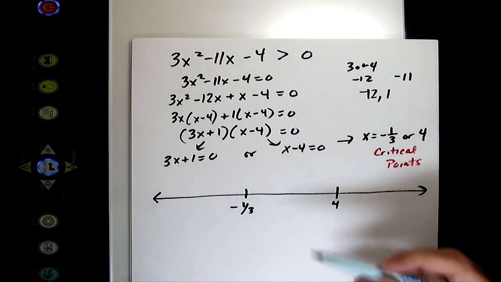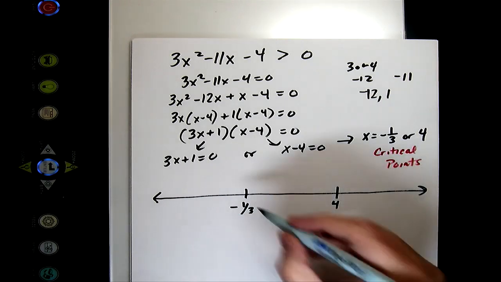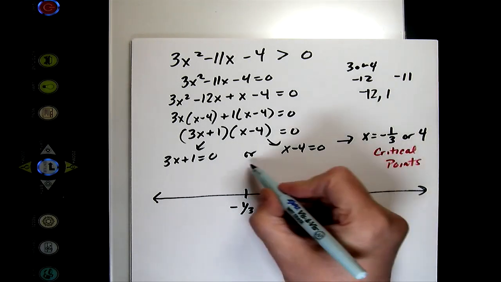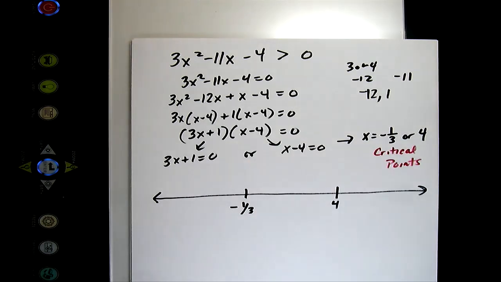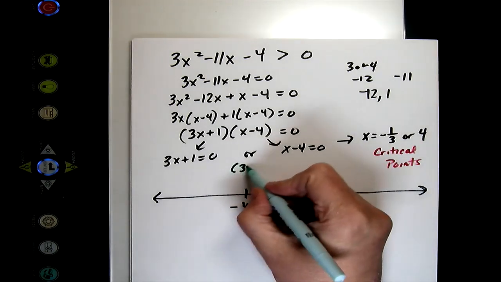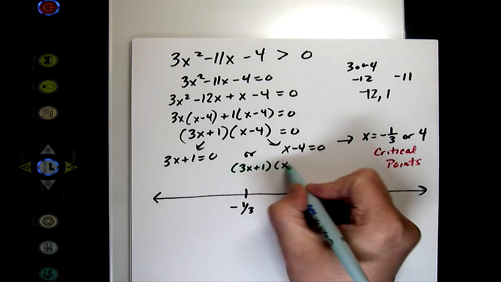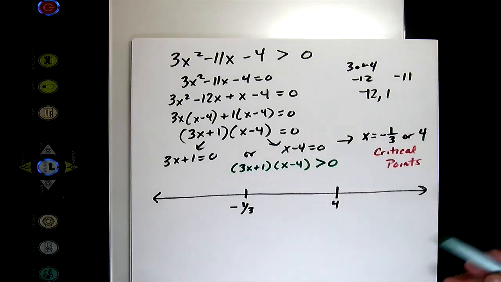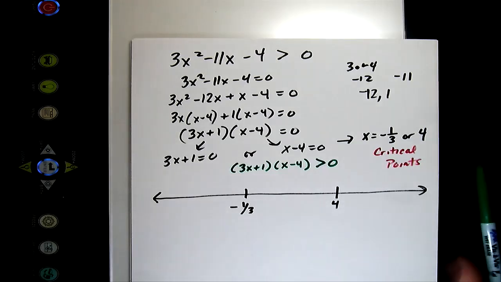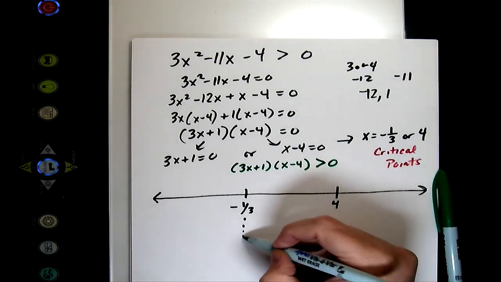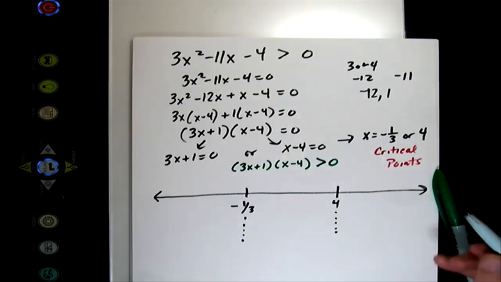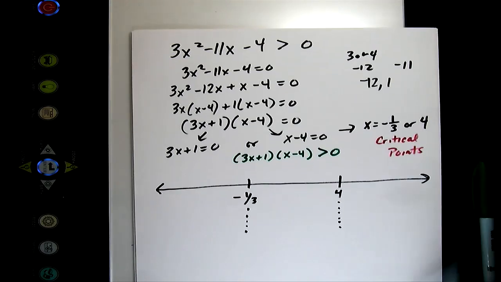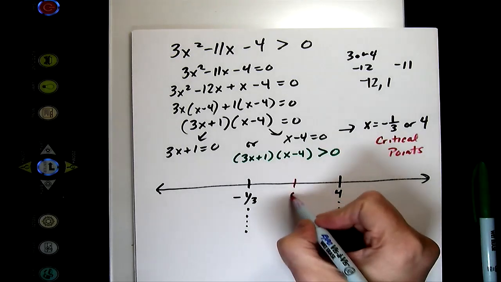So now what we're working on here is we want 3x plus 1 times x minus 4 to be greater than 0. So that's what we're going to check. And we're going to pick values from each region to do that.